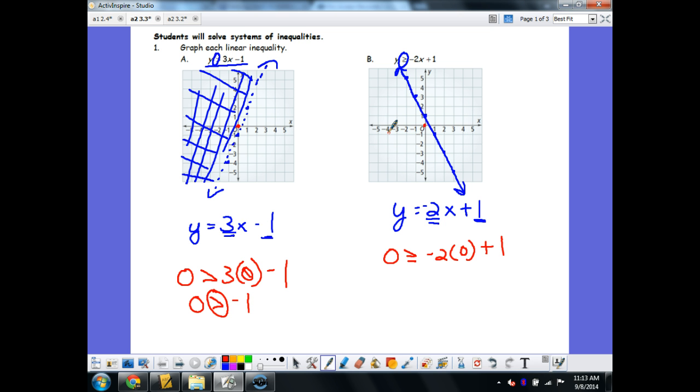If it makes it false, I'm going to shade the opposite side of the line from that point. So, simplifying that right side, negative 2 times 0 is 0, plus 1 is 1. Is 0 greater than or equal to 1? The answer is no. So then I'm going to shade the opposite side of that line.